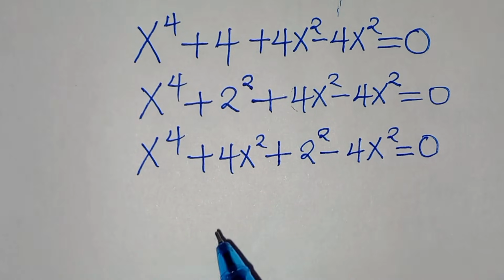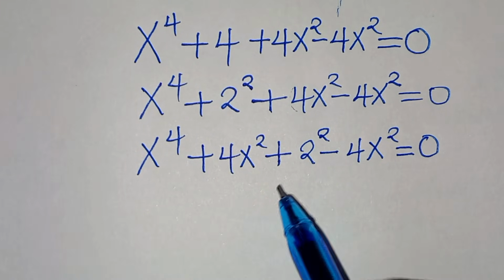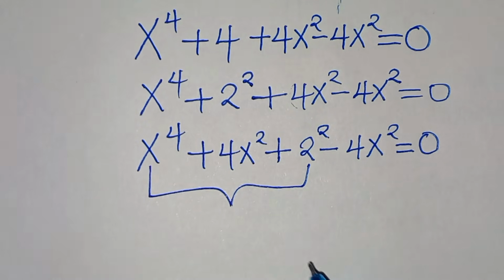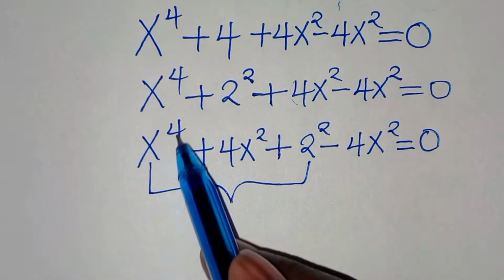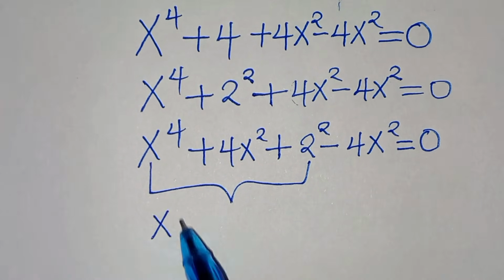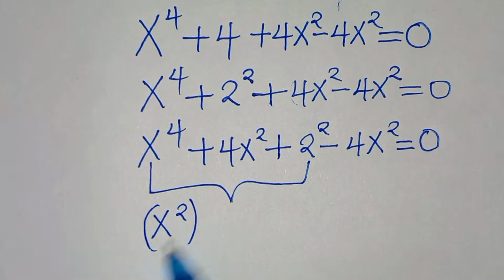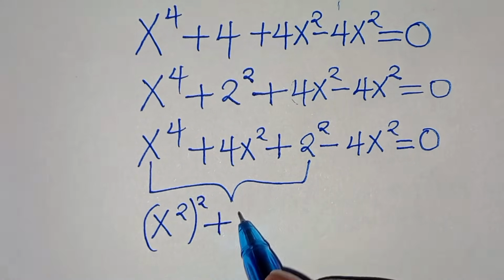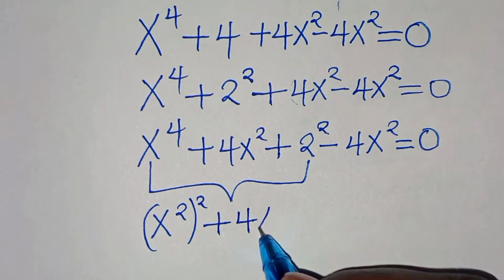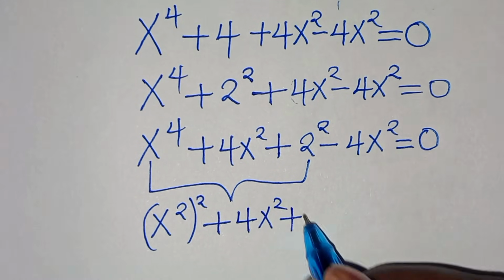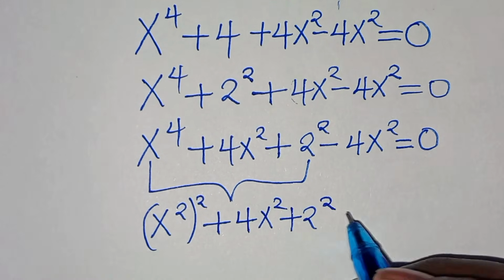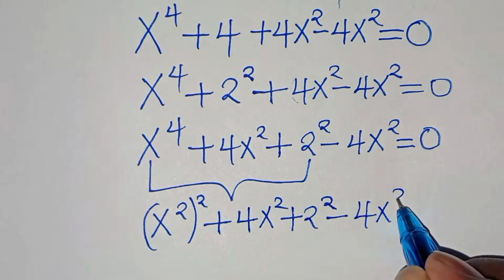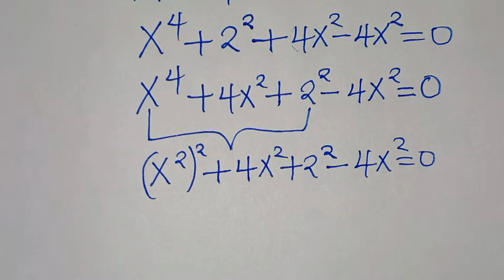Now, from what we have here, this first part, we can express x to the power of 4 as x to the power of 2, raised to the power of 2, then plus 4x squared plus 2 to the power of 2, then minus 4x to the power of 2, equals 0.